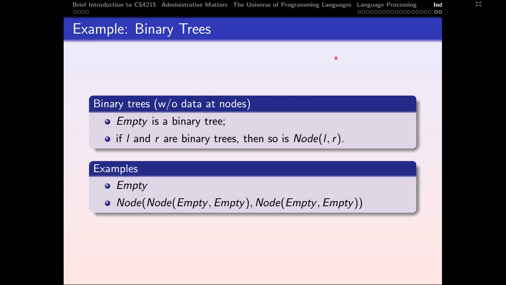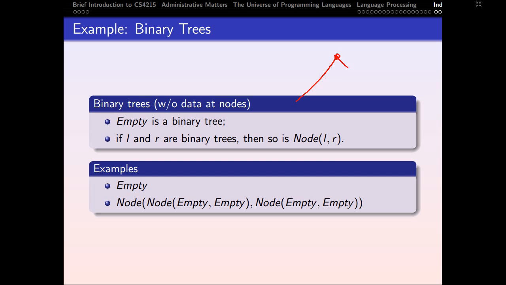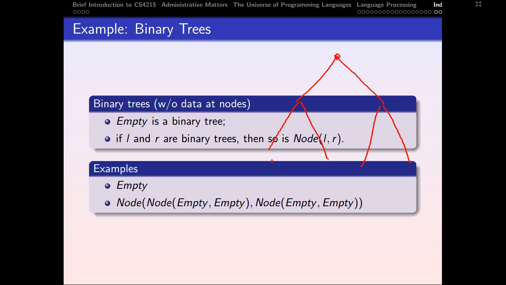This is a tree that doesn't have anything at the inner nodes, right? So it's empty inside, and not even the leaves have anything, right? So this is a tree that only has structure. It doesn't have information inside, right? But it nevertheless looks like a tree, not necessarily a useful one, and it is an infinite set, and it can be defined like this, okay?